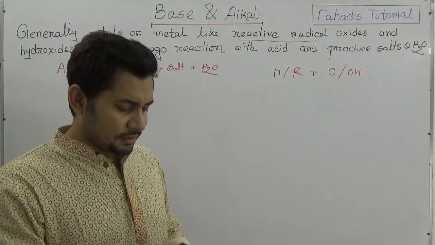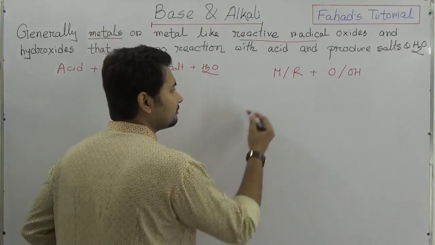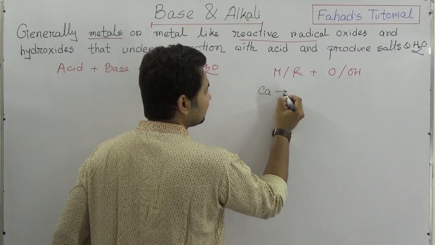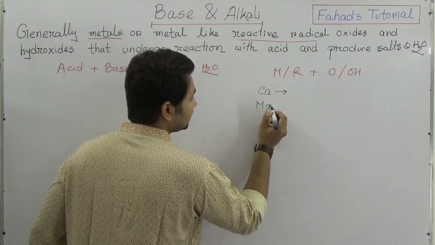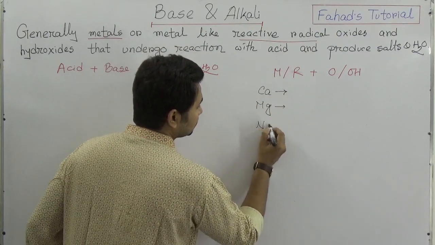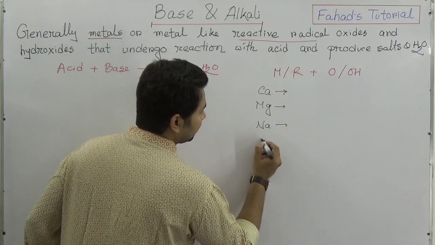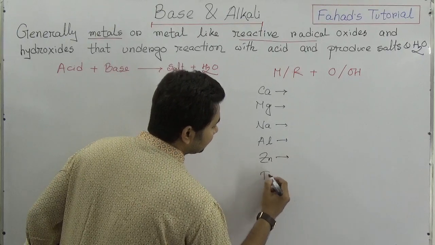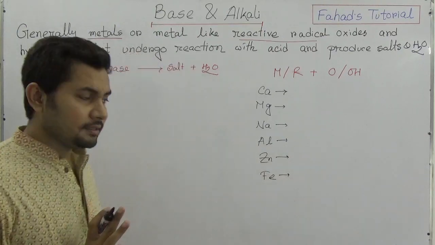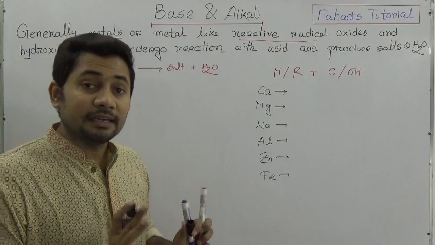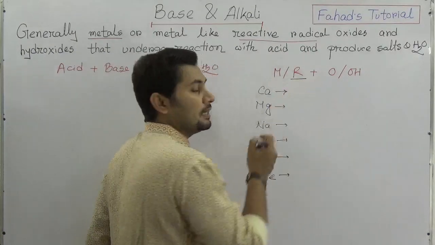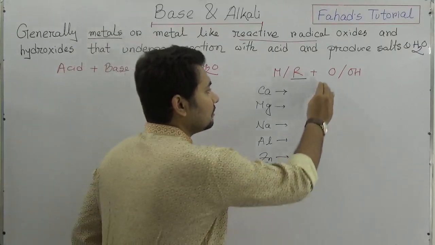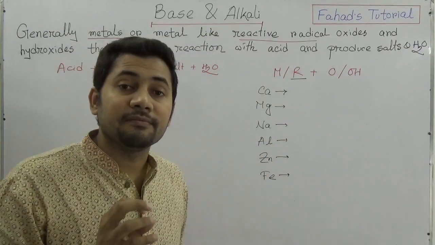Now let's think about what the reactive metals and oxides are. Think about calcium, magnesium, sodium, aluminium, zinc, iron. And if it is about radicals, then it should be positive radicals, because the oxides and hydroxides are negative ions.